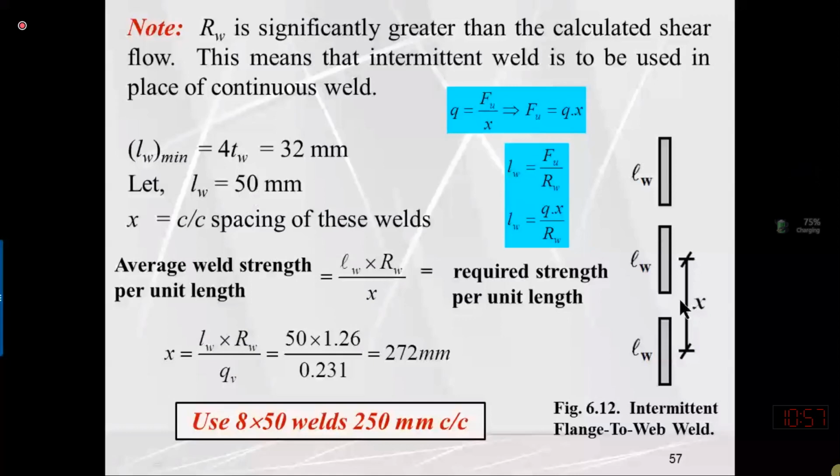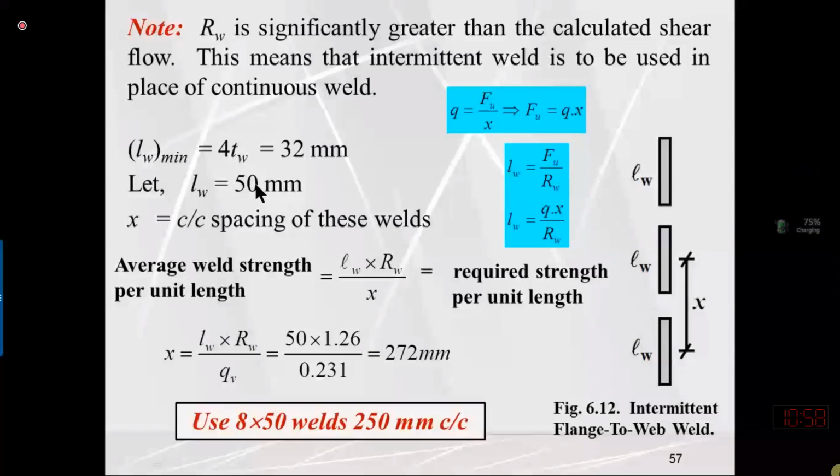If shear flow is multiplied by the X value, that value will be equal to Fu. So this shear flow is being resisted over this X value, which is the center to center distance. How did I compute this X value? In this equation, the length of the weld we have fixed just more than LW minimum, 50 mm.